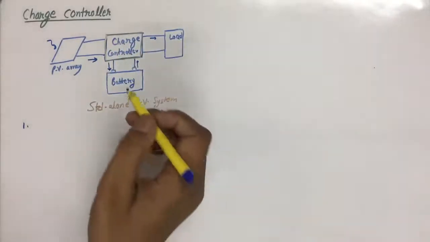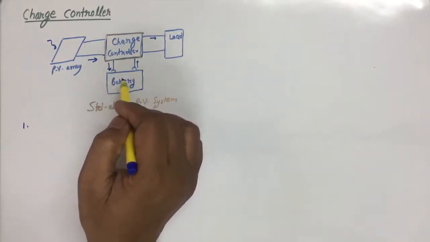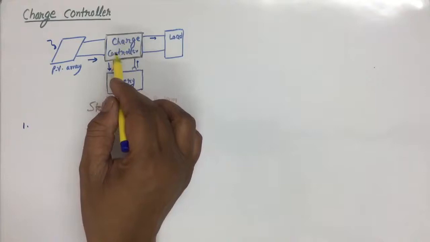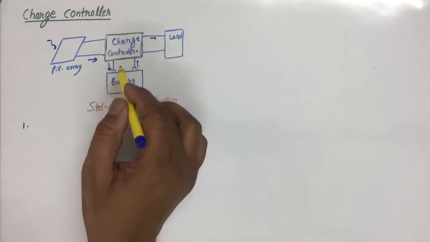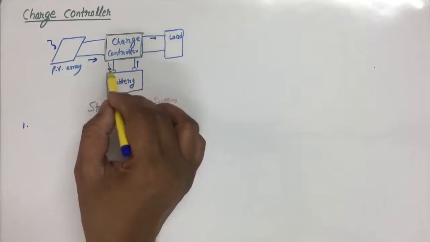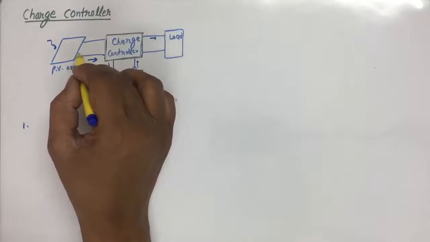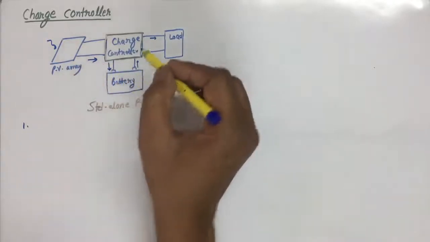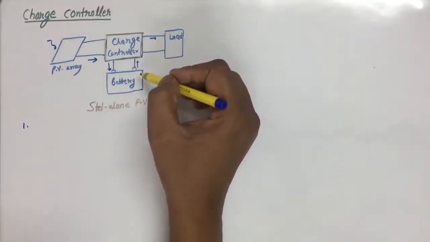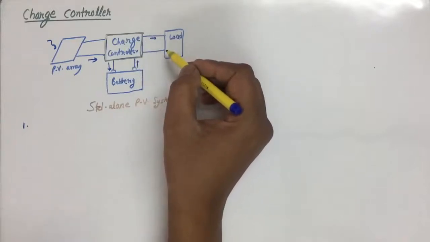In both cases, the charge controller plays an important role. It prevents the battery from overcharging by disconnecting the power flow from the panel to the battery, and disconnecting the power drawn from the battery to the load in case of over discharge.